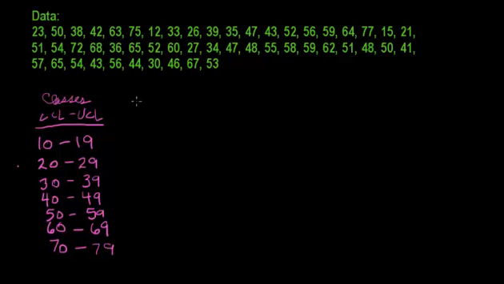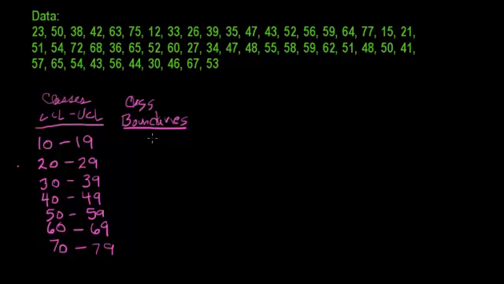Okay, another term that we use when we're working with frequency distributions is the class boundaries. So let's find out what they are for each of our classes. The class boundaries are used to separate the classes also, but they don't have any gaps.